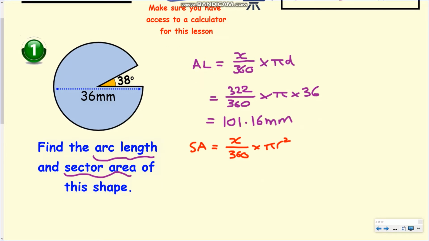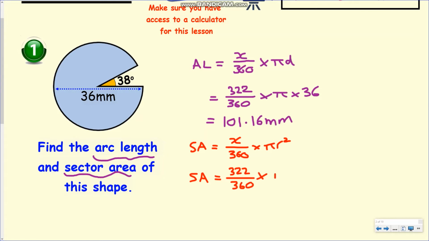Okay, filling in the details that I know, my sector area is going to be 322 on the top of the fraction divided by 360. It's the same angle as before, nothing's changed.